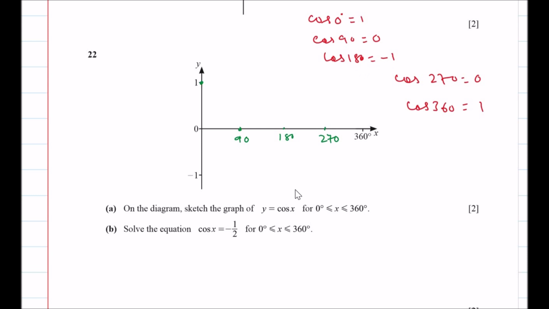Cos 180 is -1, so -1 means it's here. Next, 270 is 0, so the point is here, and 360 is 1, so the point is there. Now we know the shape of the graph, so we just join the points freehand.